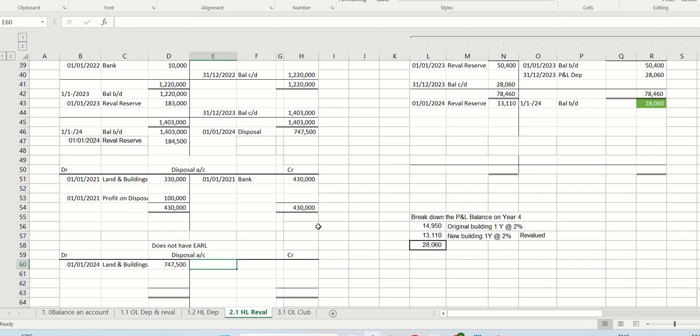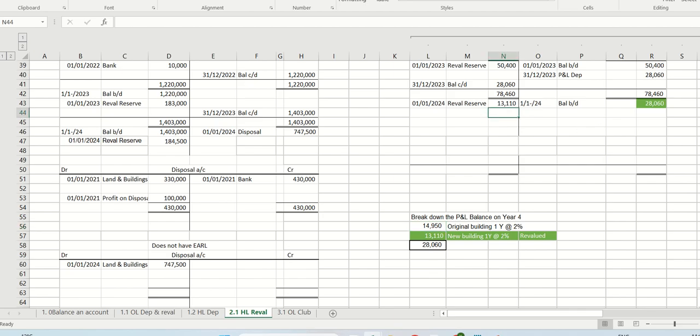Then we need to take all of the depreciation relating to the original building out of the provision for depreciation account. So remember, we've already dealt with this guy now. He's done. That's the new building. So what's left of the original in that account belonging to the original building, 1 year depreciation at 2%, we're taking that out of here now.